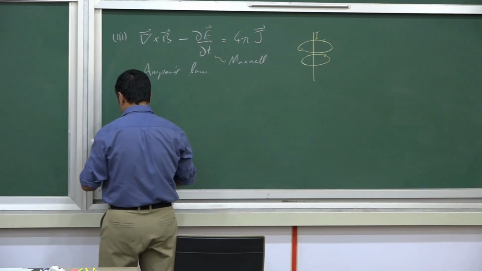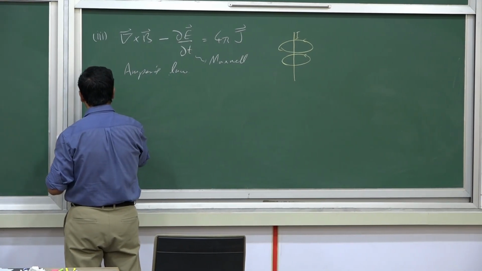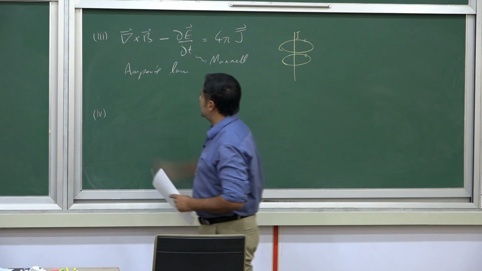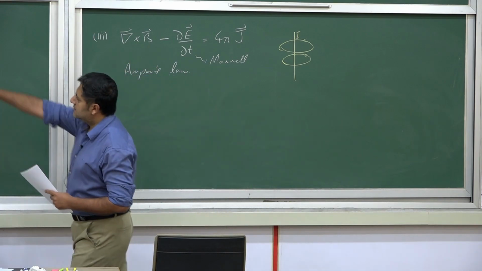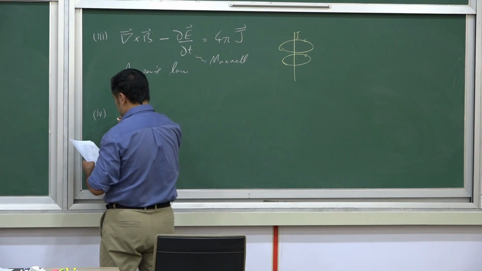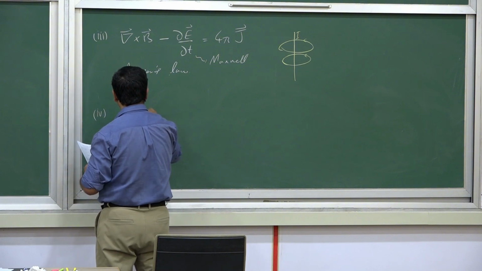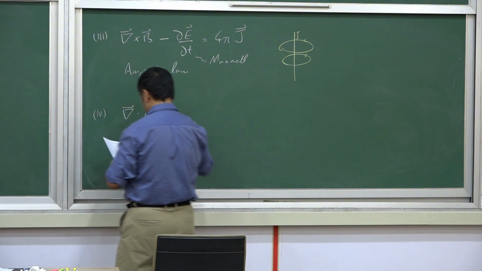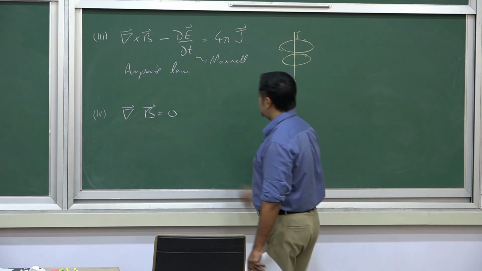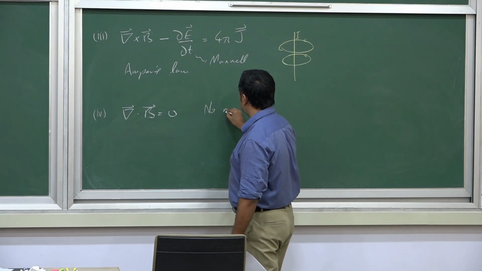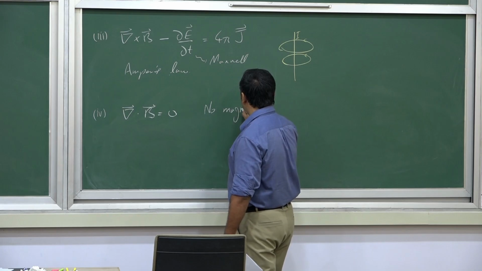And then there is this final one. This is an analog of that. This one is an analog of that. This is essentially saying that there are no magnetic monopoles.